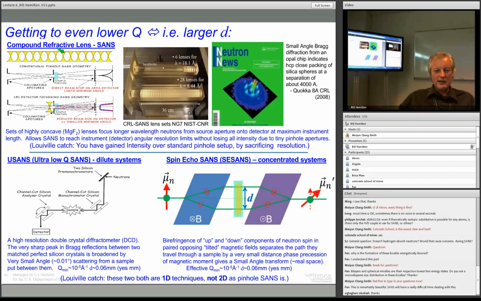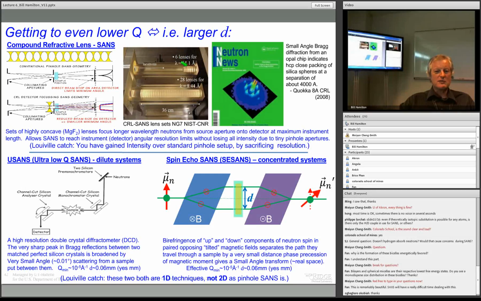However, if you put, I think, 6 of these together at NIST, and these things essentially are like Coke bottle bottoms, and have a radius of curvature of about 1 inch, 25 millimeters for you SI types.